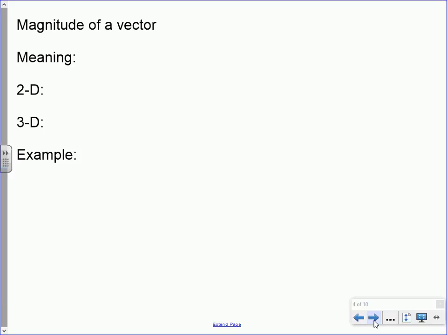It is the length of the vector. If we're talking about the vector v, then we say the magnitude is this, with the double absolute value bars.